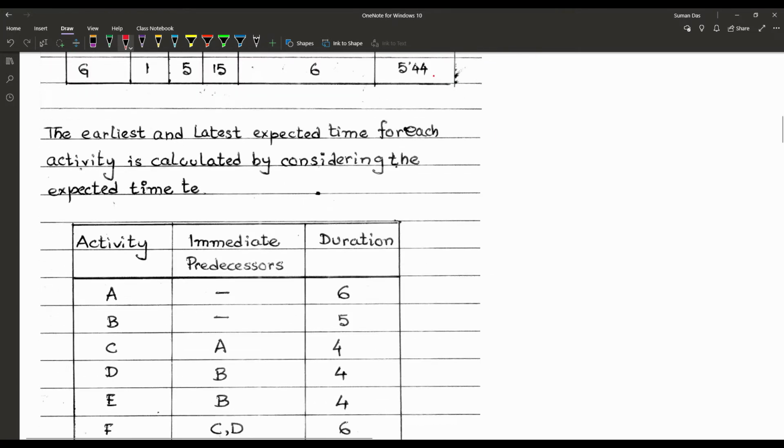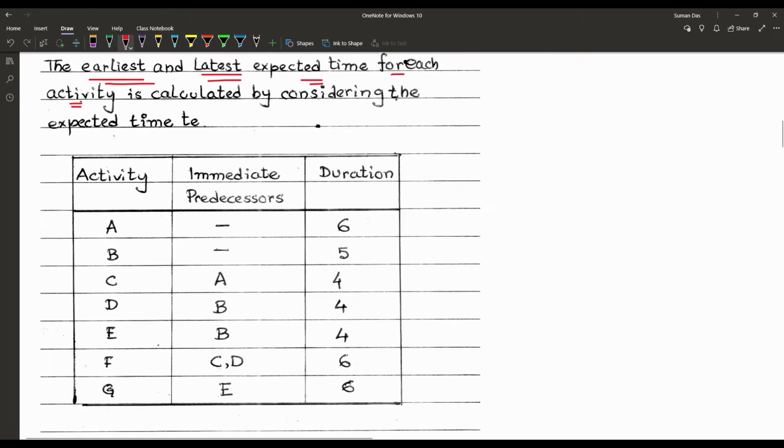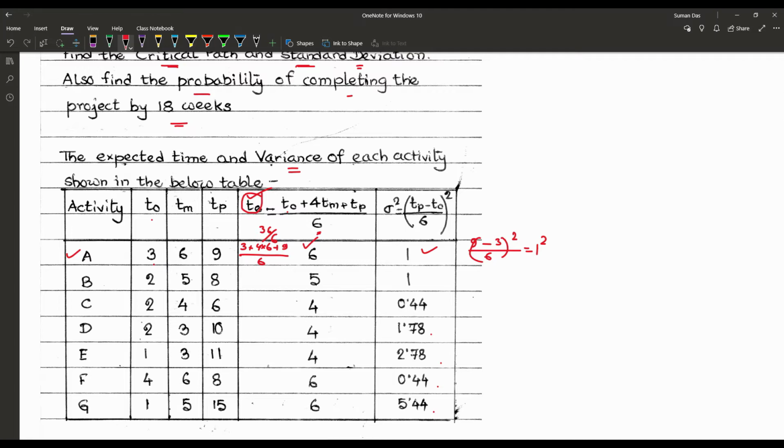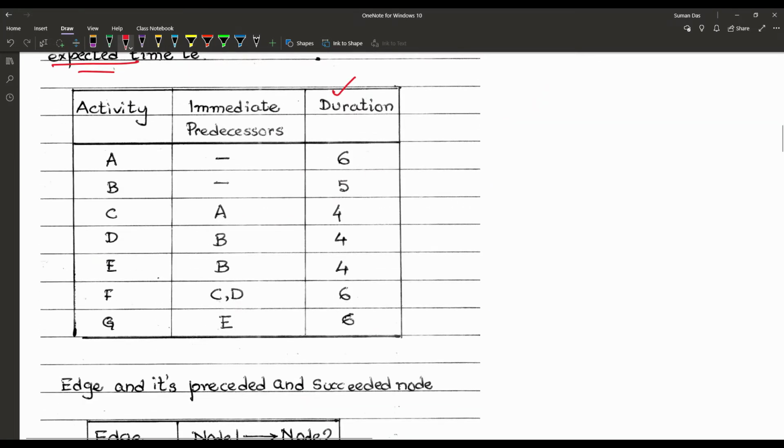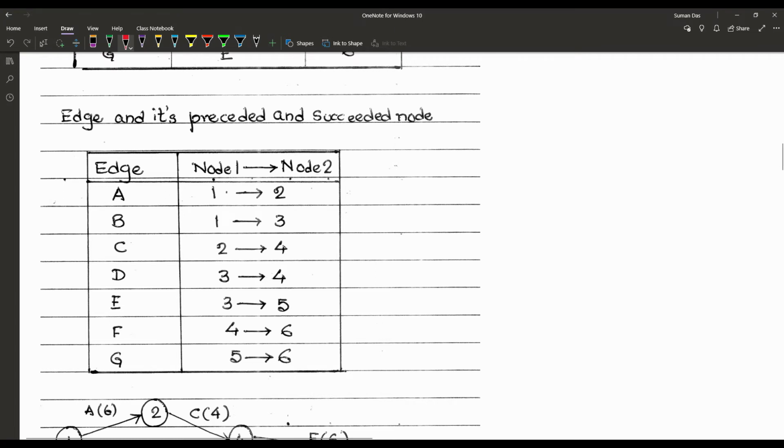Now we have to find the earliest and latest expected time for each activity. We use the duration, which we have already found from the expected time, that is 6, 5, 4, 4, 4, 6 and 6. In the table we have written the duration, that is our expected time Te, along with each activity. Each activity's preceding and succeeding nodes can also be written after the construction of the diagram.